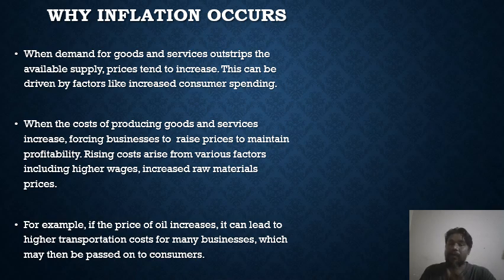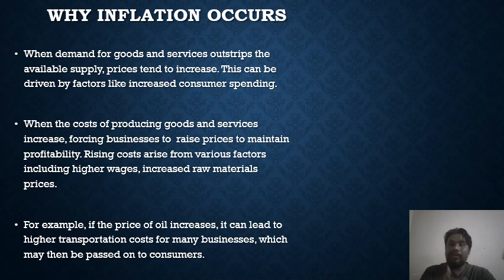When the demand for goods and services outstrips the available supply, when the demand is high and supply is below the demand. When the intensity of demand is more and the intensity of supply is low, it is not equal, then inflation occurs.